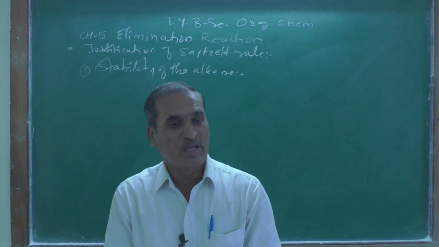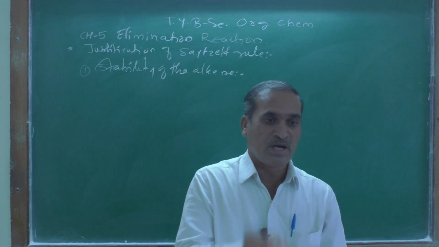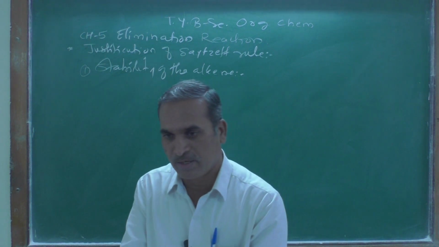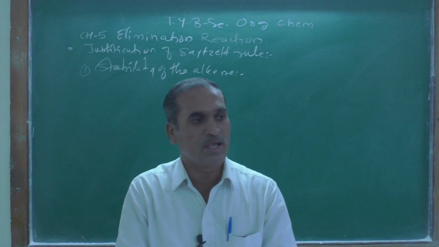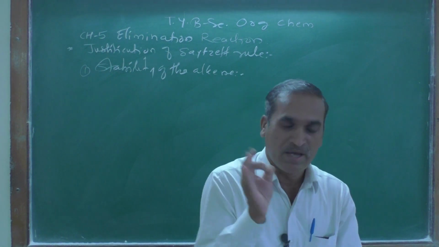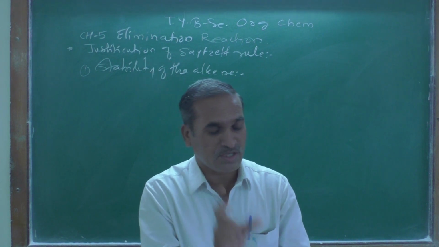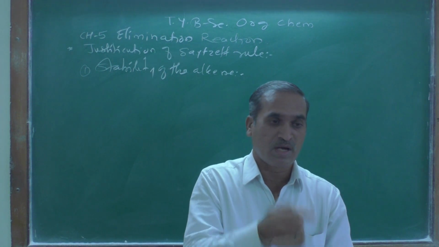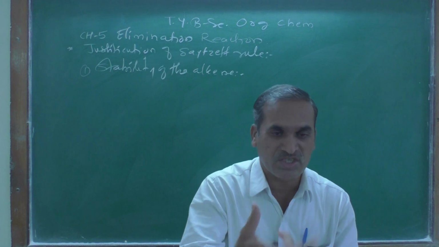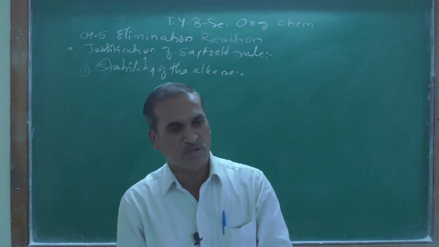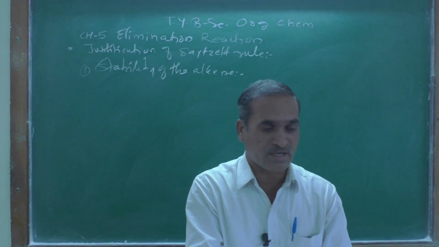Again, in geometrical isomers, the trans isomer is generally found to be more stable than the cis isomer. Remember, cis isomer means similar groups are on the same side of the carbon-carbon double bond. Trans isomer means what? Similar groups are on the opposite side of the carbon-carbon double bond.